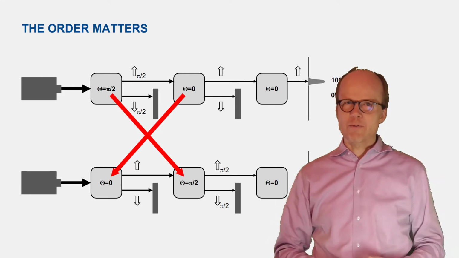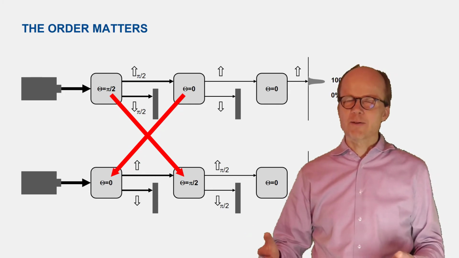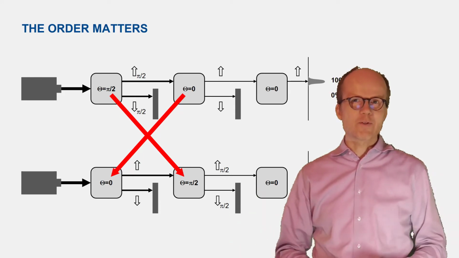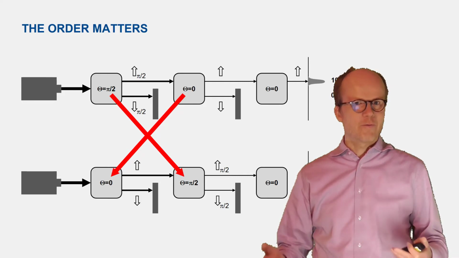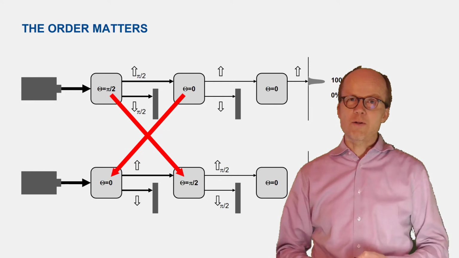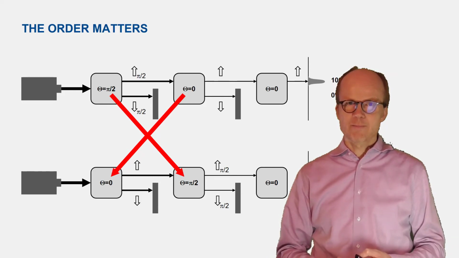If the order of the measurements was irrelevant, then we would expect the same final outcome on the screen or with our detectors. We would expect that again all particles exit in the upper beam.